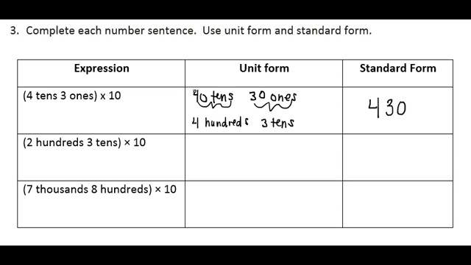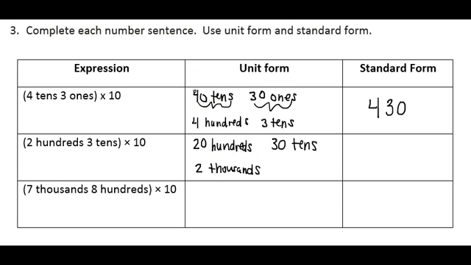In the next problem, I have 2 hundreds, 3 tens. I'm going to multiply those by 10. Well, 200 times 10 would be 20 hundreds. 3 tens times 10 would be 30 tens. 20 hundreds is the same thing as 2 thousands.